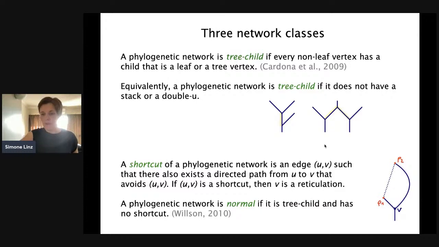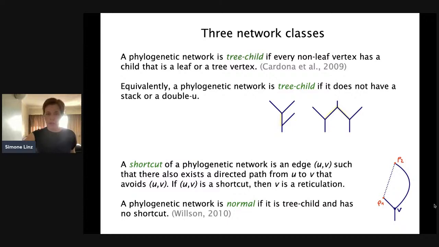So here we have a reticulation, and we look at the 2 parents, P1 and P2. And P2 is an ancestor of P1, so we immediately know that this edge from P2 to V is a shortcut. And shortcuts cause trouble for all sorts of mathematical proofs. So we often like to look at networks without shortcuts first.